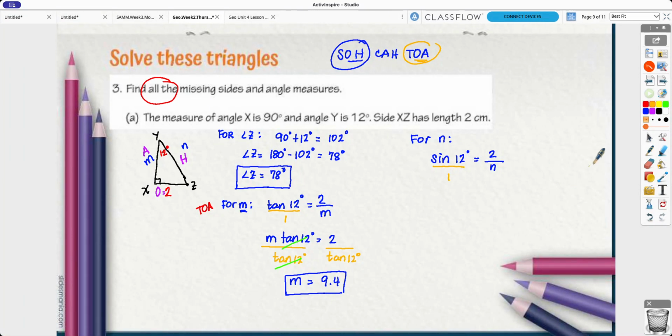So again, over 1, and then we cross multiply. So N times sine 12 is N sine 12 degrees. And then 2 times 1 is equal to 2.